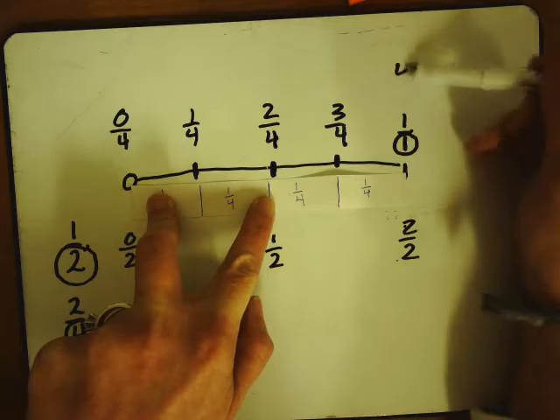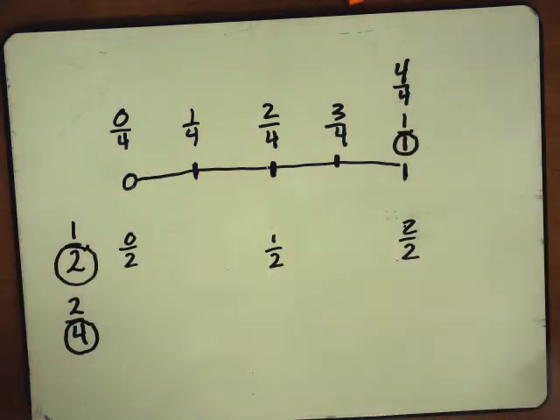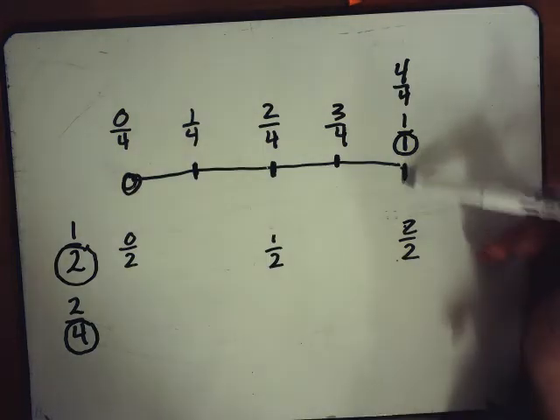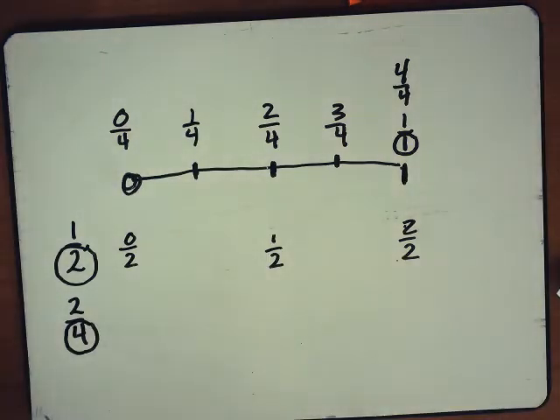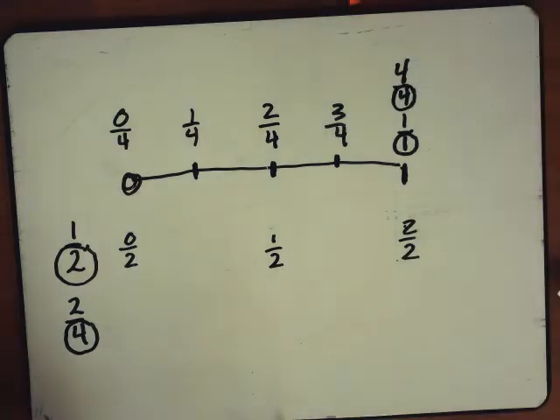And then finally 4/4. Okay, so that's how it works when the number line is between 0 and 1. Now pay attention to the denominator. That's the rule for the number of pieces each whole is broken into.